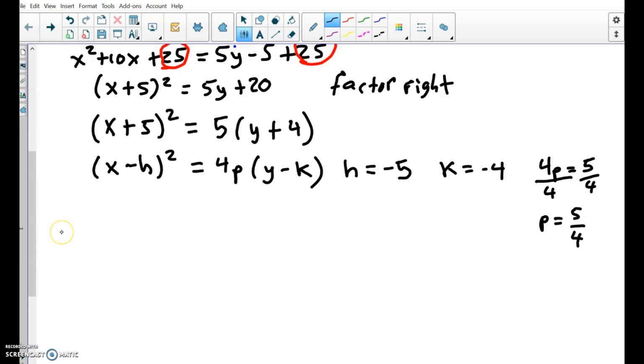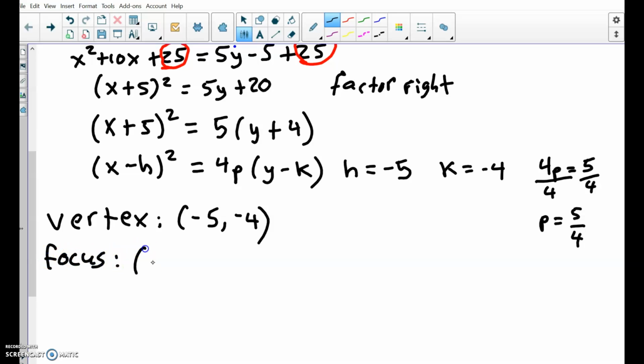So our vertex is just (h, k), which is (-5, -4). Okay, our focus is going to be -5, but then -4 plus 5/4.